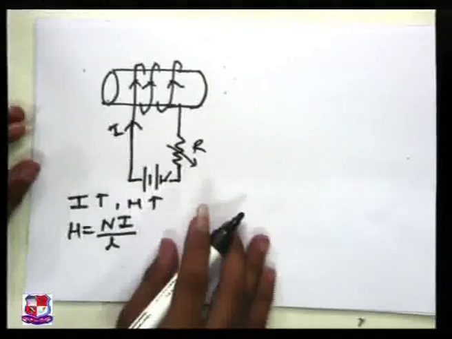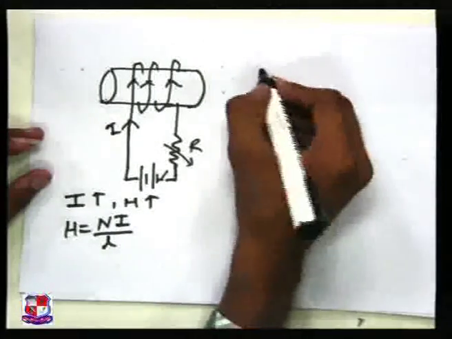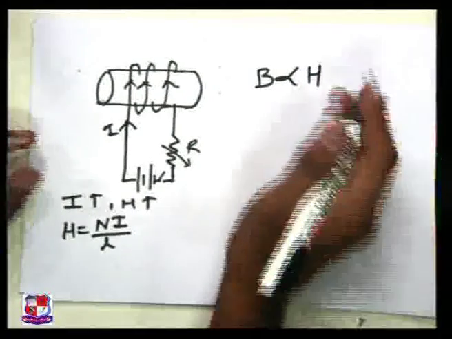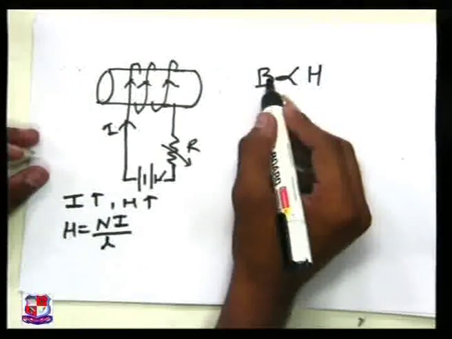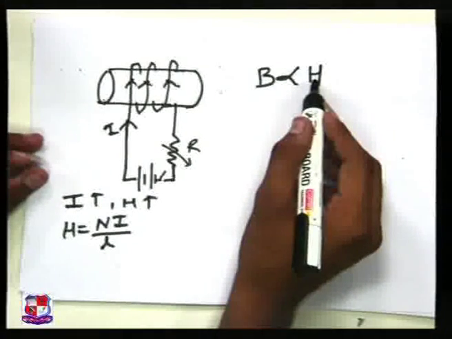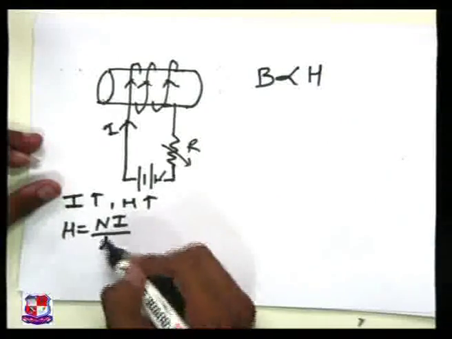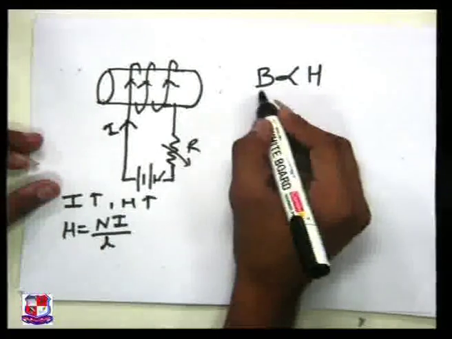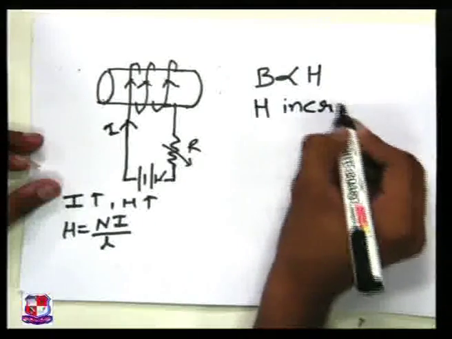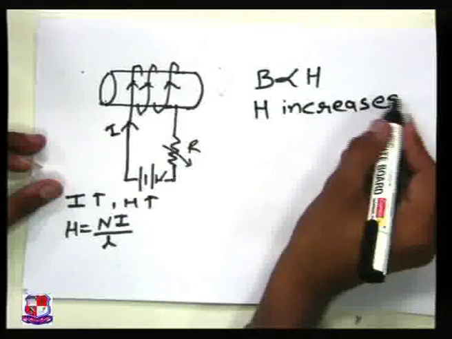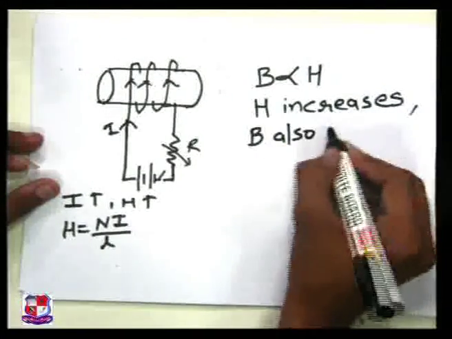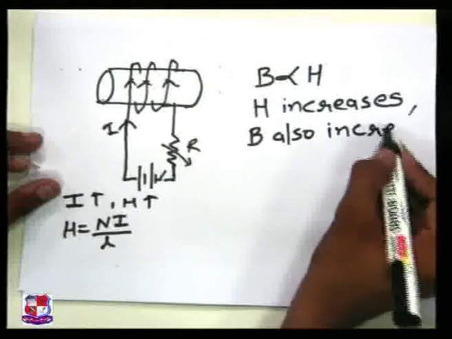Now if the magnetic intensity is increasing, we know that B is directly proportional to H. It means that the magnetic density is directly proportional to the magnetic intensity H. So here H is increasing, so B will also increase.